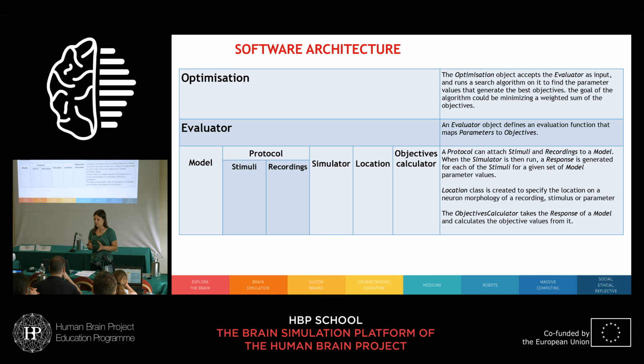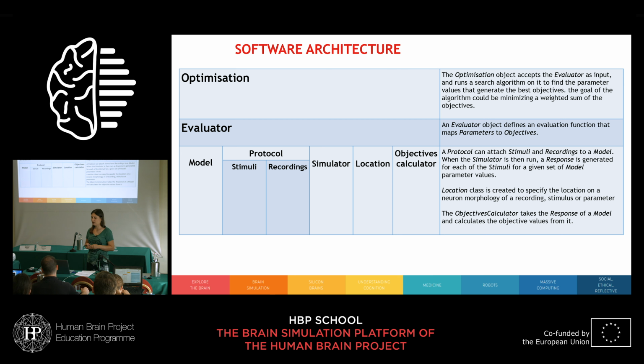At the highest level of optimization, BluePyOpt contains the classes optimization and evaluator. The evaluator object defines an evaluation function that maps the parameters to the objectives, and then the optimization object accepts this evaluator as input and runs a search algorithm on it to find the parameter values that generate the best objectives. The goal of the algorithm could be the minimizing of a weighted sum of these objectives. There are some other classes.